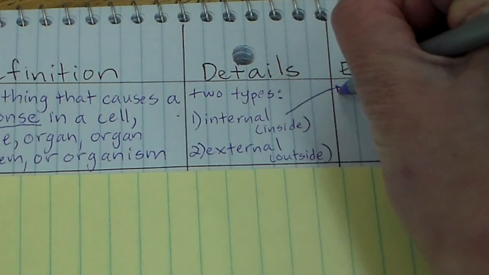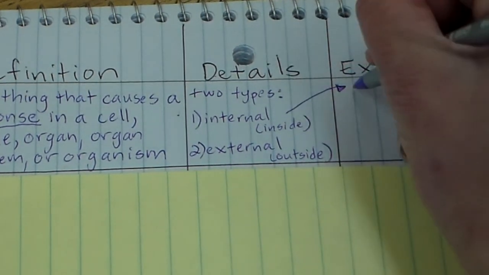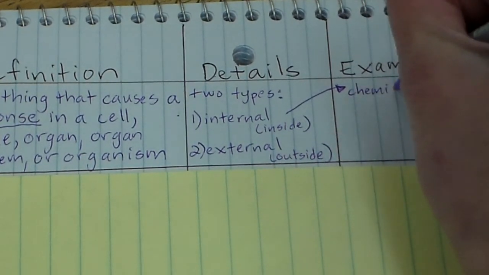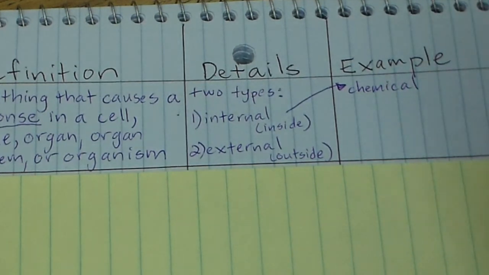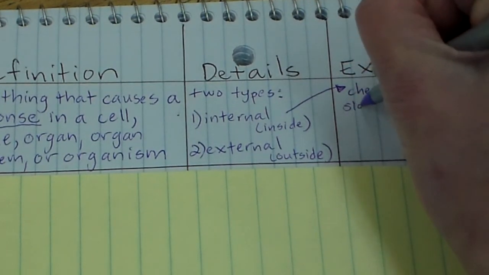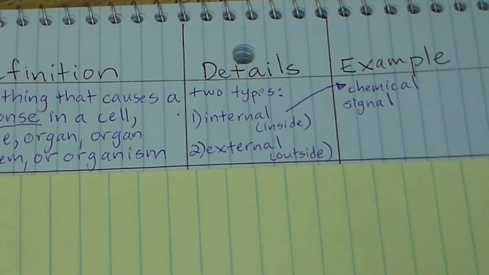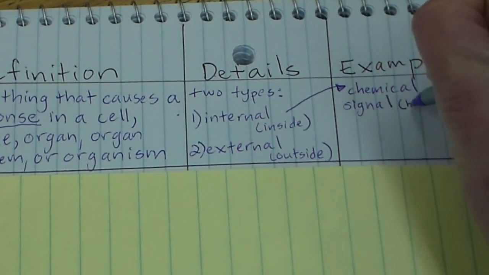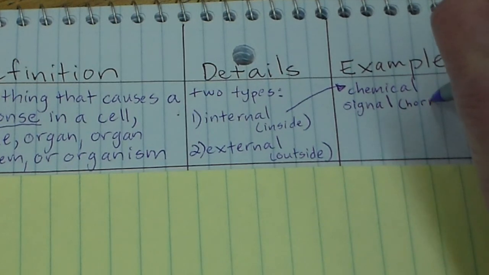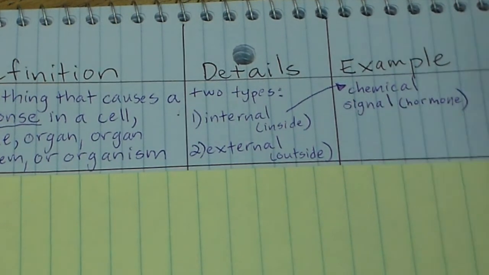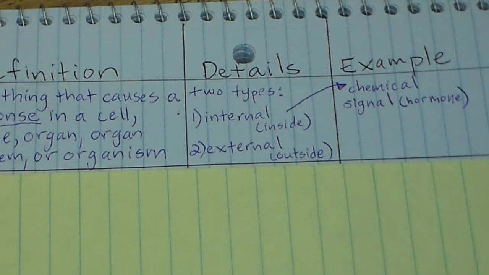Oftentimes, an example of an internal stimulus would be a chemical signal. Inside of the cell or the tissue, there might be a chemical signal, something like a hormone. It's a chemical message that's inside the cell or inside the tissue or inside the organism, and it might be something that the cell responds to.